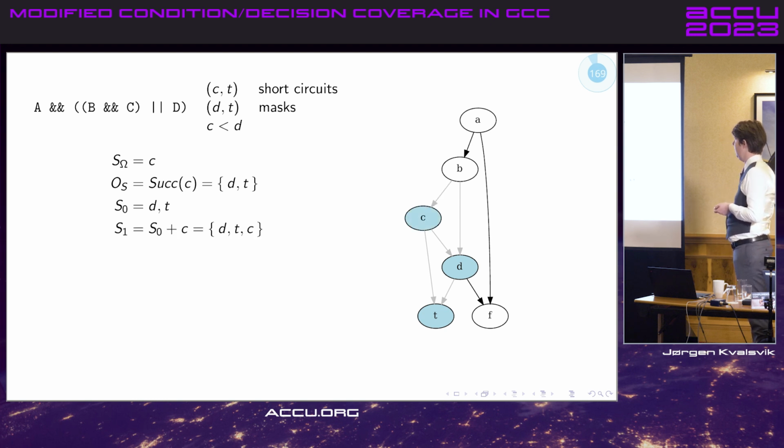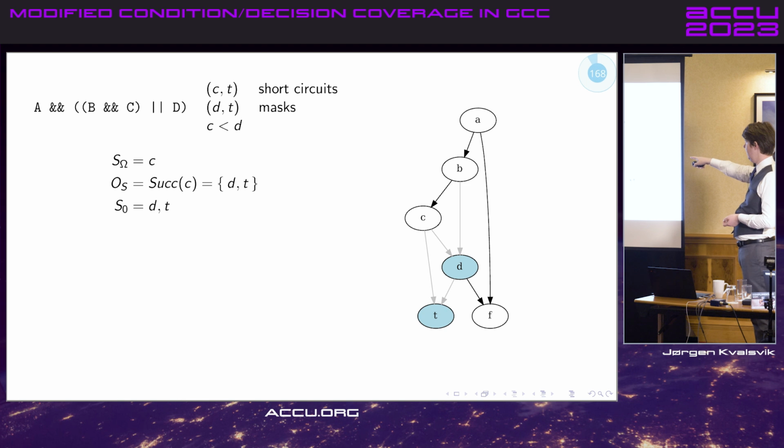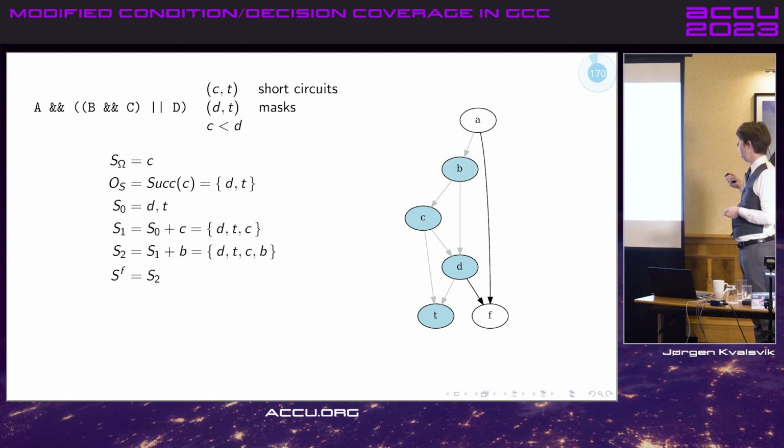Or rather, all of the edges that still point into this set that you're accumulating. Whenever a node has both of its successors in this set, it will be masked. So you do this, and in this case, you can see that C has both D and T in its two outgoing edges, so it is included. B has both C and D in this case now, but A has F, which is not already marked, right?